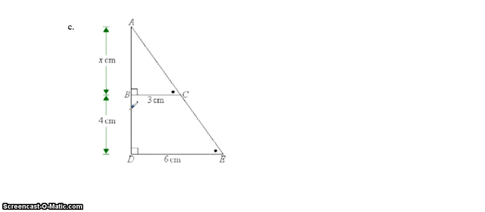Lastly, these are the trickiest ones when you've got one triangle inside of another triangle. So what I always suggest doing is separating the two triangles. So you've got the small one here. So this is X, this is 3, and you've got the big triangle.